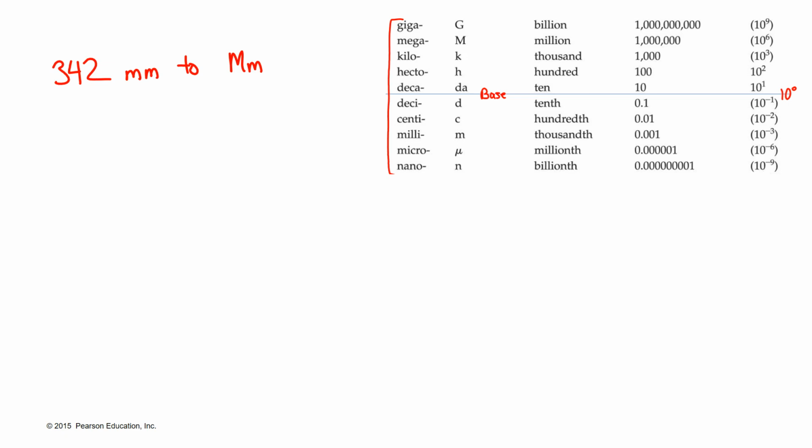So if I want to do 342 millimeters, and I want to know how many megameters that is, go ahead, try to see what you get, and then I'll put up what I get in just a moment.